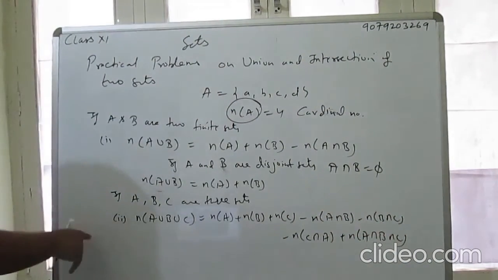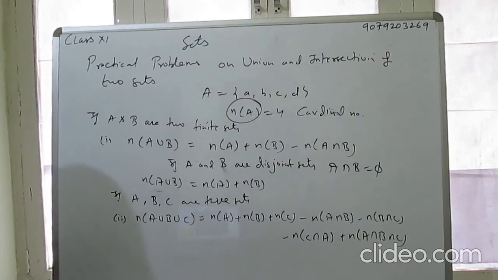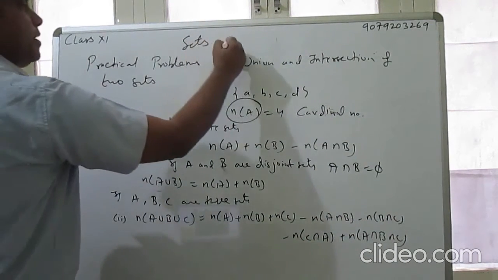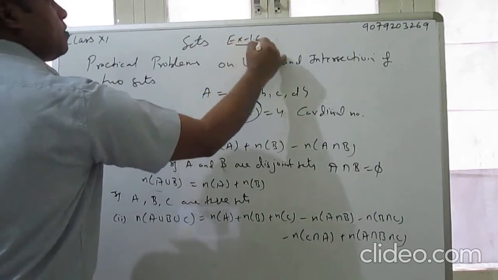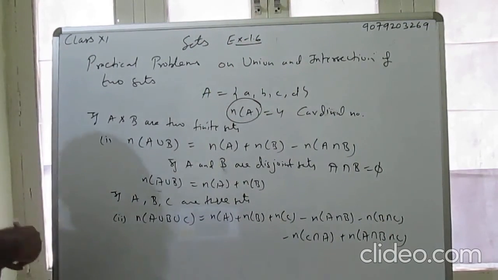This you can find by Venn diagram also. So I will take the first problem of exercise 1.6.